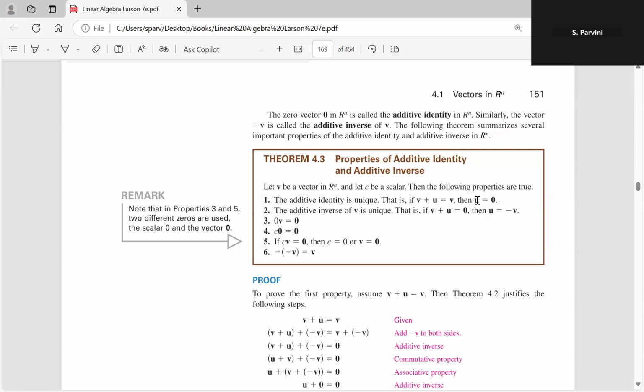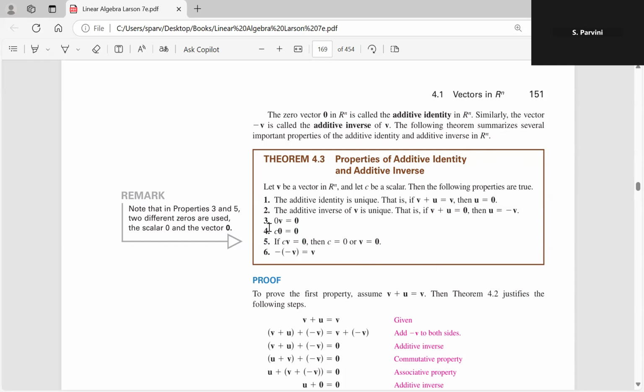In other words, if v plus u equals v, then u must be 0. The additive inverse is unique. That means if v plus u gives you the 0 vector, then u must be the opposite of v so that they add to 0. That's the only way this could happen.